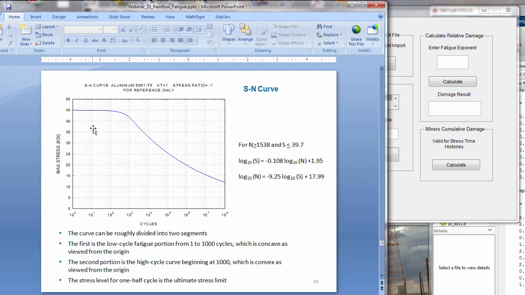Okay, I think I've covered this already. So for the case where we have above, say, 1,538 cycles, the maximum allowable stress is given by this curve, and I've simplified it into a straight line segment in log-log format, even though in actuality you can see there's some curvature there.